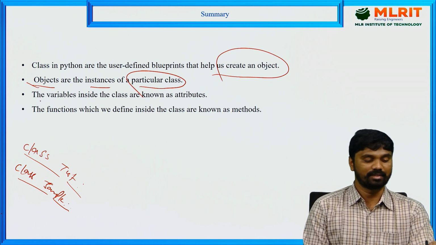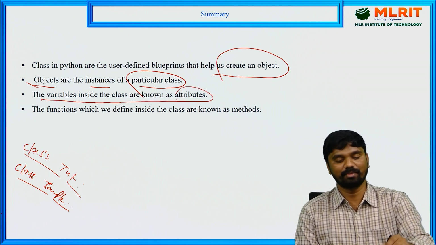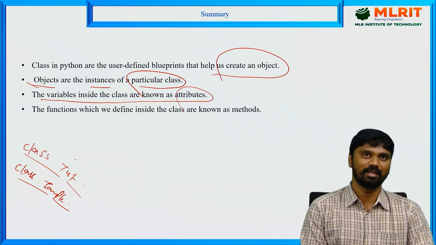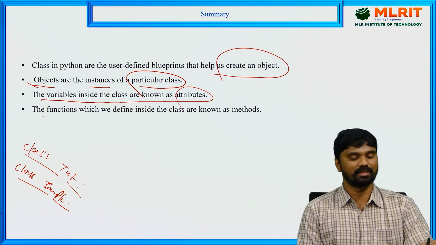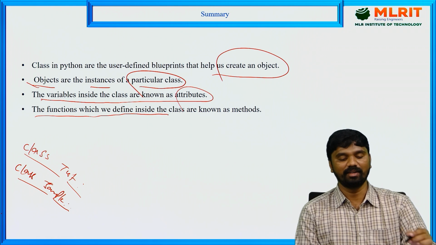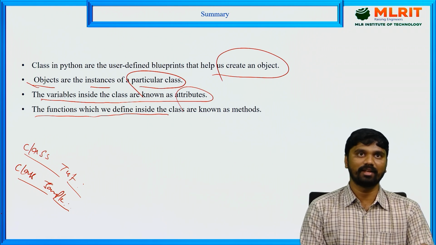Next, the variables inside the class are known as attributes, or properties. The functions which we define inside the class are known as methods.